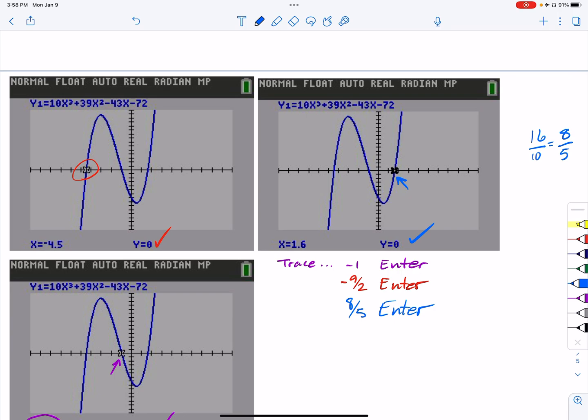Just a quick footnote, these didn't do it for me, but sometimes on your graphing calculator, you'll get an x value, say it did it this time at 1.6, and the y value, occasionally you'll see this garbage number like -1.511E-12, something like that. This is scientific notation, and basically it's round off error in the calculator.